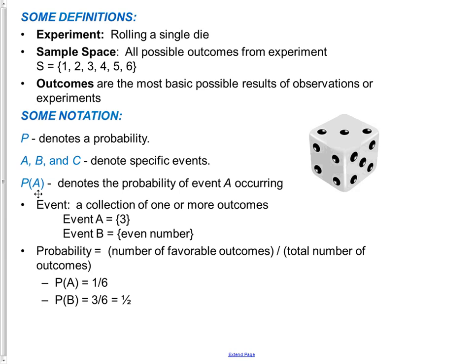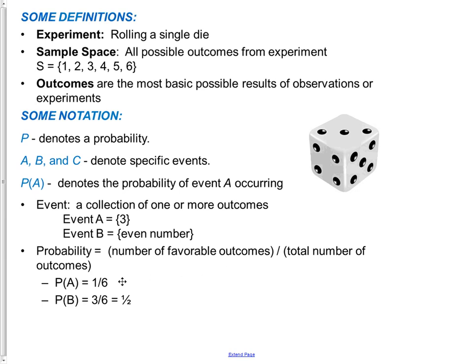For example, an event in our dice might include rolling a 3, or we could have a number of outcomes that make up our event. So event B could be rolling an even number, and there are 3 even numbers. So for probability, we ask: what is the number of favorable outcomes to the total number of outcomes?